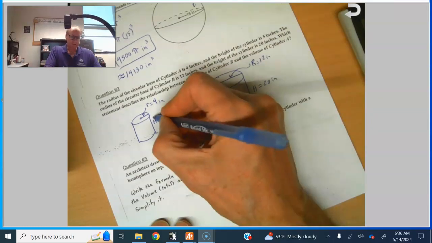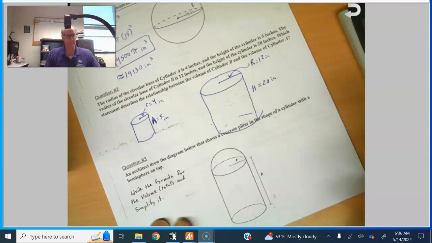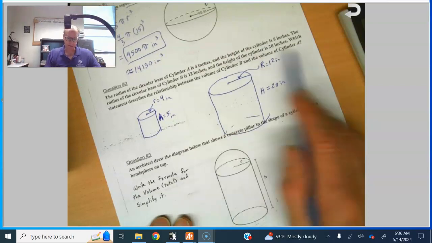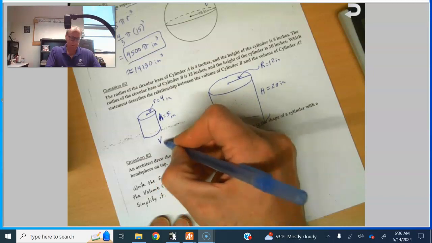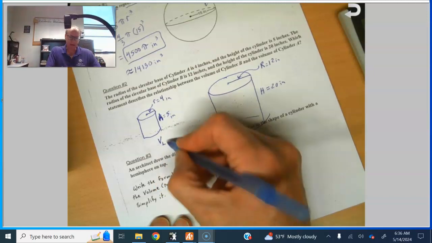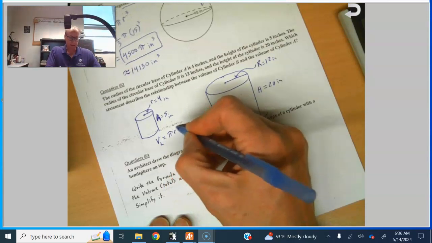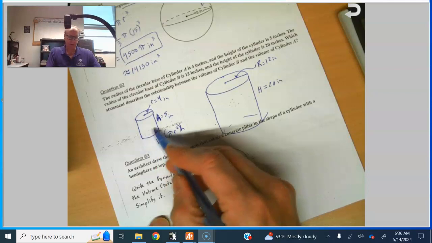Okay, in this case, I'm going to use the little h because this is my little cylinder, this is my big cylinder. Now, if I look at the volume and how they're compared, the volume of the little cylinder, I'll call it VL for little, is pi r squared h. Now, the pi r squared is the area of the base.